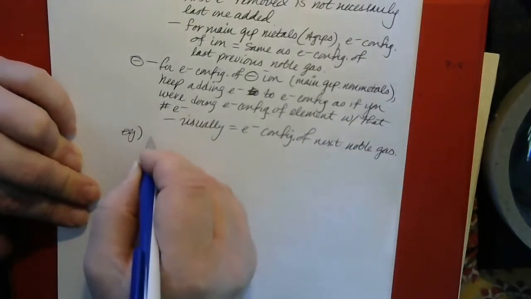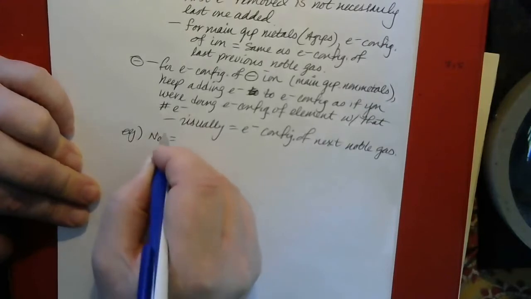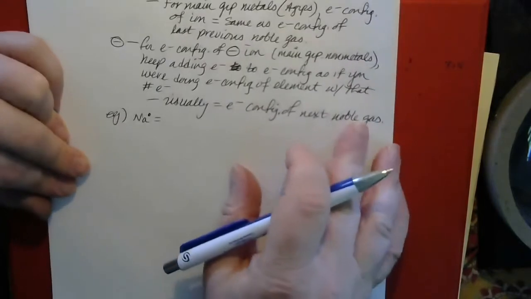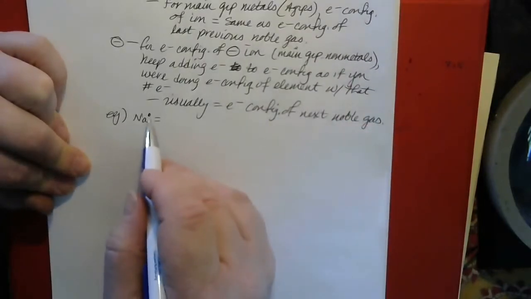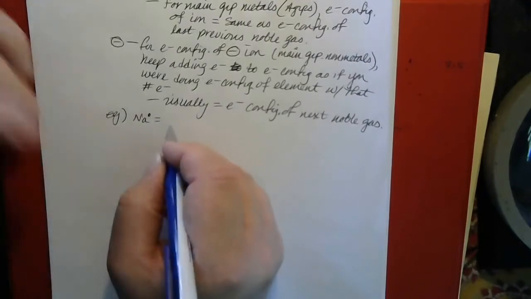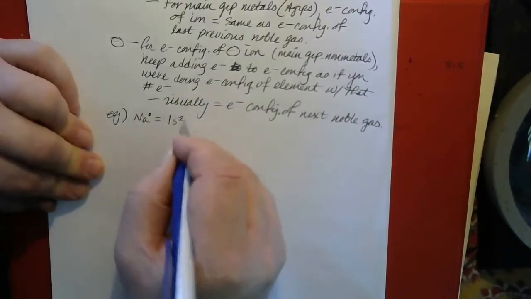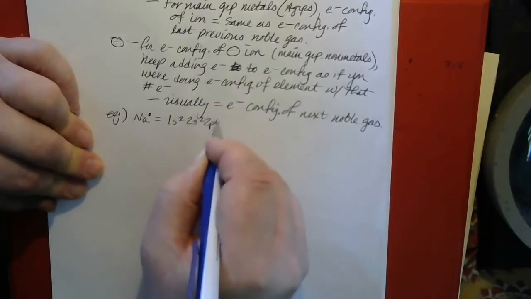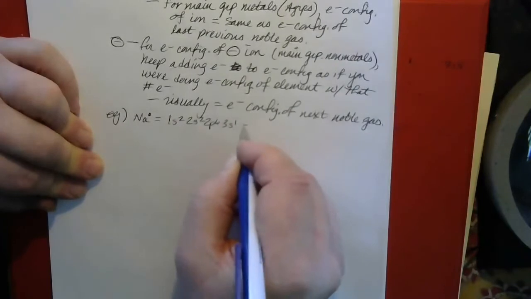And some examples here: sodium, the element. I'm putting a little 0 as a superscript after the symbol just to remind us this is the neutral element with no charge on it. It has 11 electrons, and so you have a configuration of 1s2, 2s2, 2p6, 3s1.